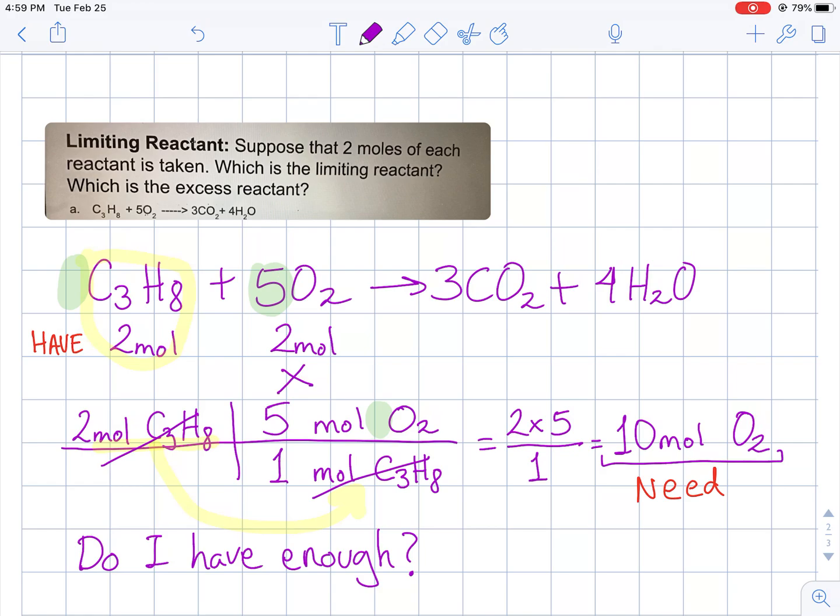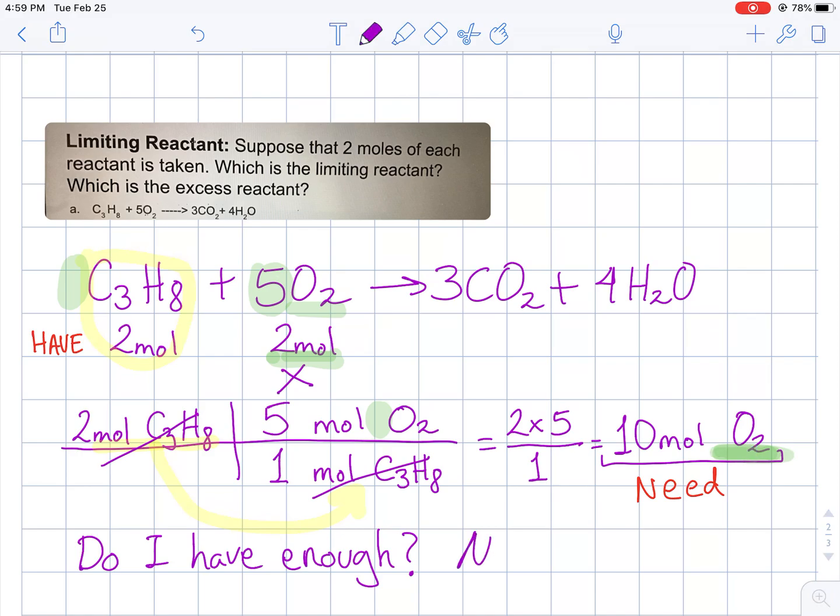So in this case, we found oxygen, so we're going to compare it with the moles of oxygen too. So oxygen is right here. And we have 2 moles of oxygen, but we need 10 moles. So that means that the answer to that question is no, we don't have enough.